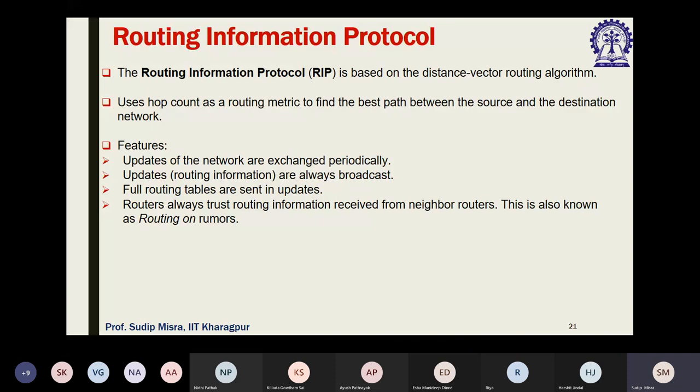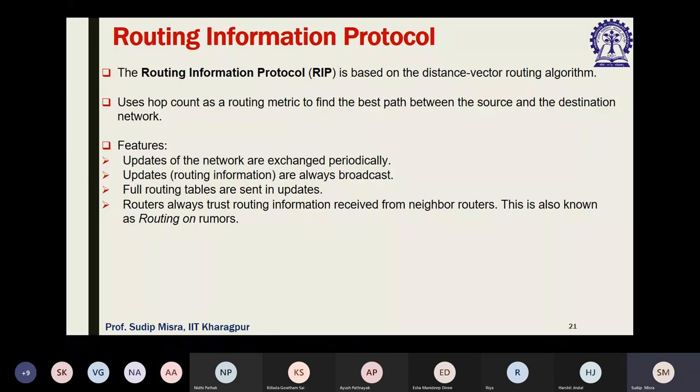And the flash timer is how long it is going to wait if a particular route becomes stale, right? It becomes stale because another router is not reachable or something of that sort. Then how long is it going to keep it in the routing table before flushing it out or removing it as garbage from the table?